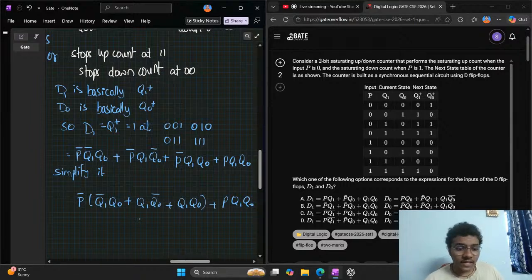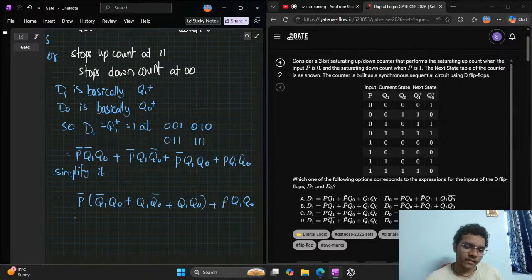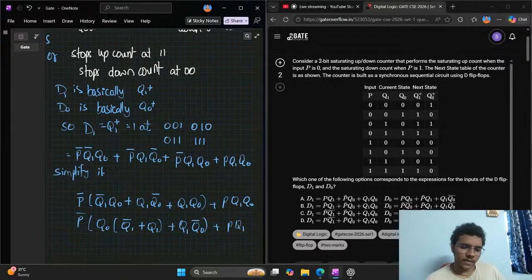And can we derive anything meaningful from this? Q0 you can take common. Q1 bar plus Q1 plus Q1 Q0 bar plus P Q1 Q0. How do you simplify this?